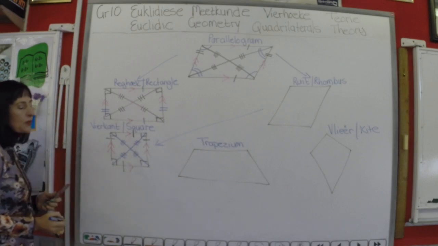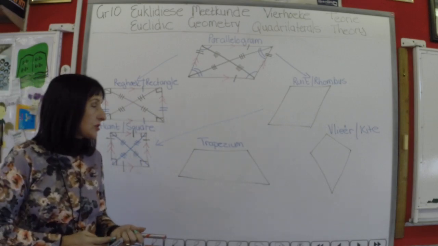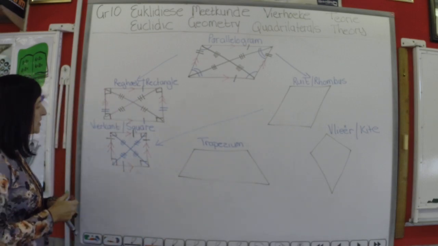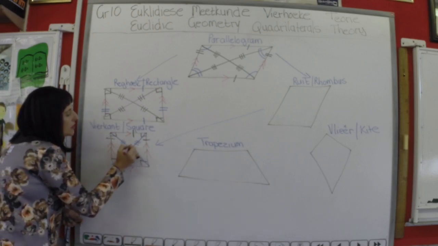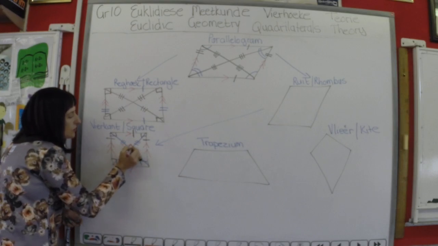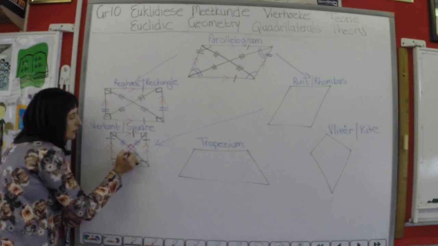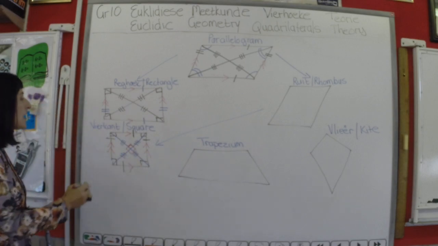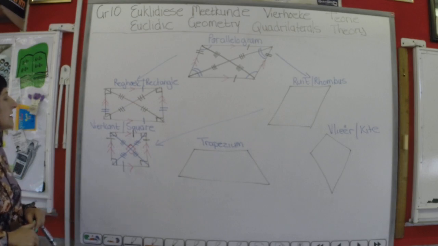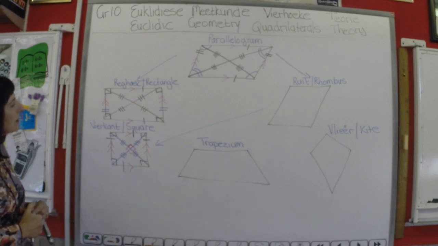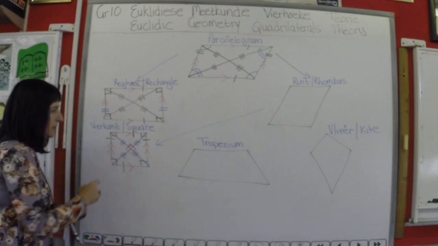And the last property that a square got, that's very special. Daar waar hierdie hoeklyne mekaar sny, is ook 'n 90 grade hoekie. So daar's 'n 90, daar's 'n 90, daar en daar. So there where the diagonals intersect, there's a 90-degree angle. En dit is verskriklik belangrik dat jy dit moet weet.